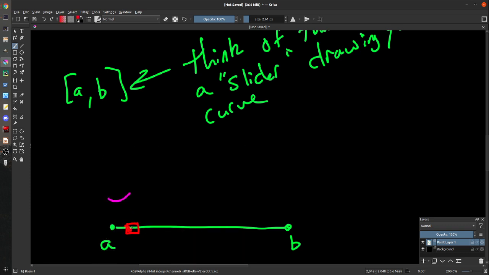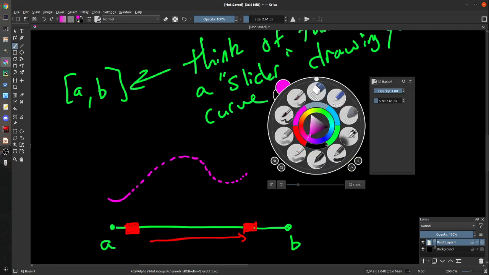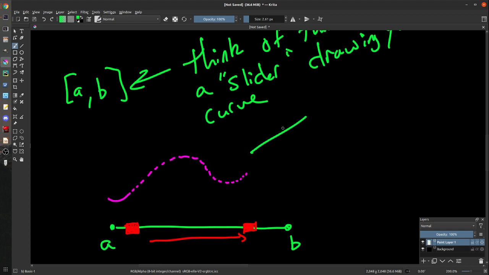If you drag it here, then you pull it across, and it will continue to draw your curve. You see what I'm saying? So think of [a, b] as the slider, and h is the thing that draws your curve.